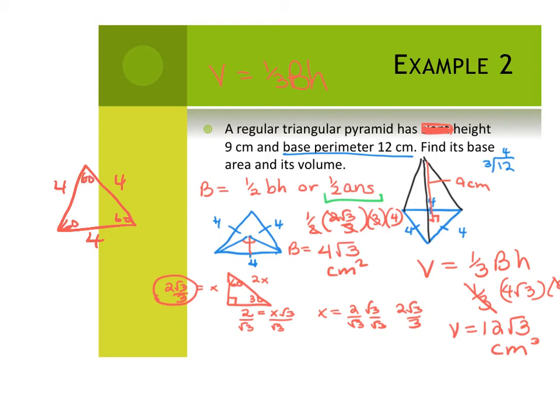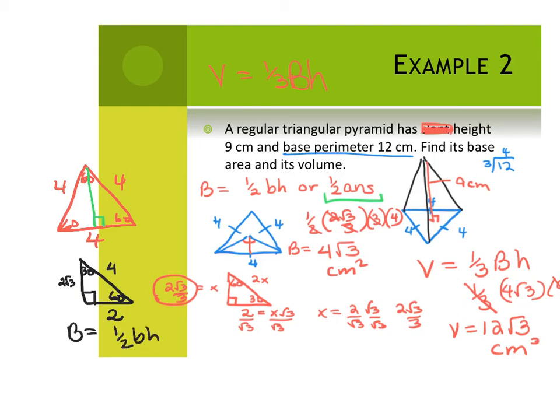So another way to find the base area, drop down your altitude, because I need to find the height. So then I would have had a right triangle here, 60, 30, and then the hypotenuse was 4, so this would have been 2, and then this would have been 2 root 3.